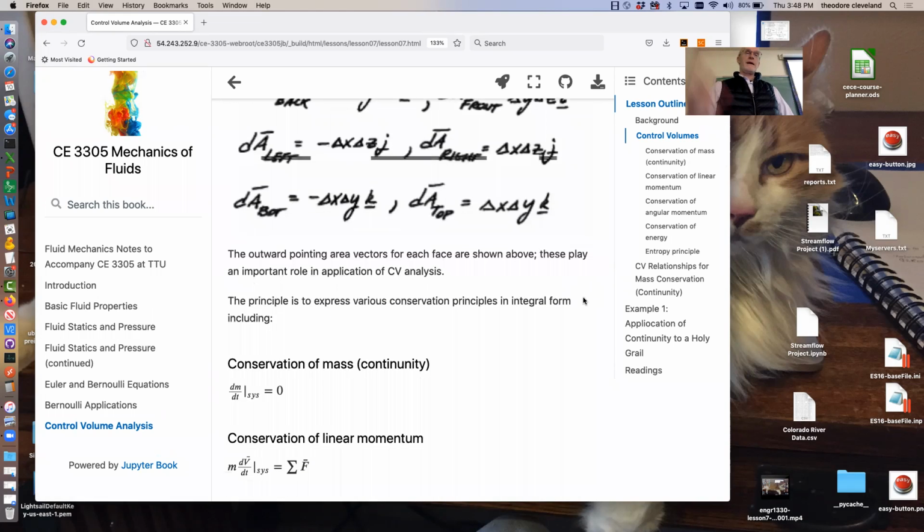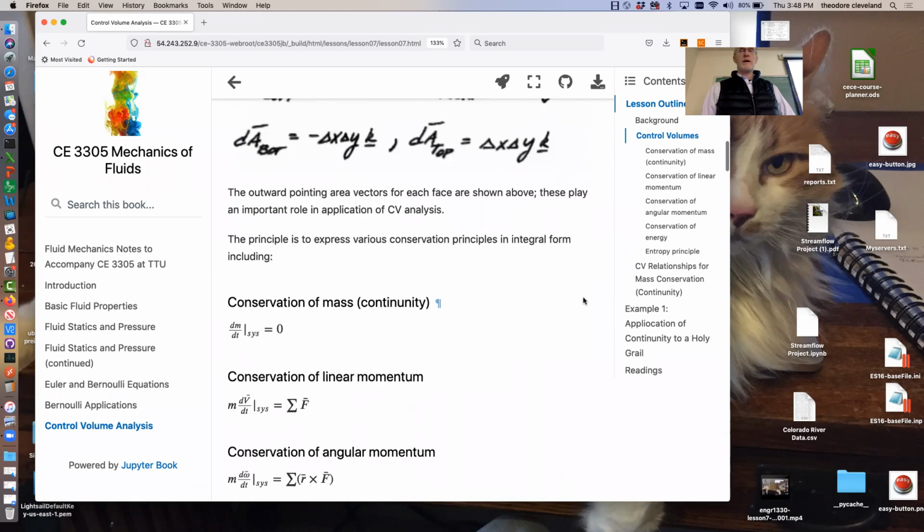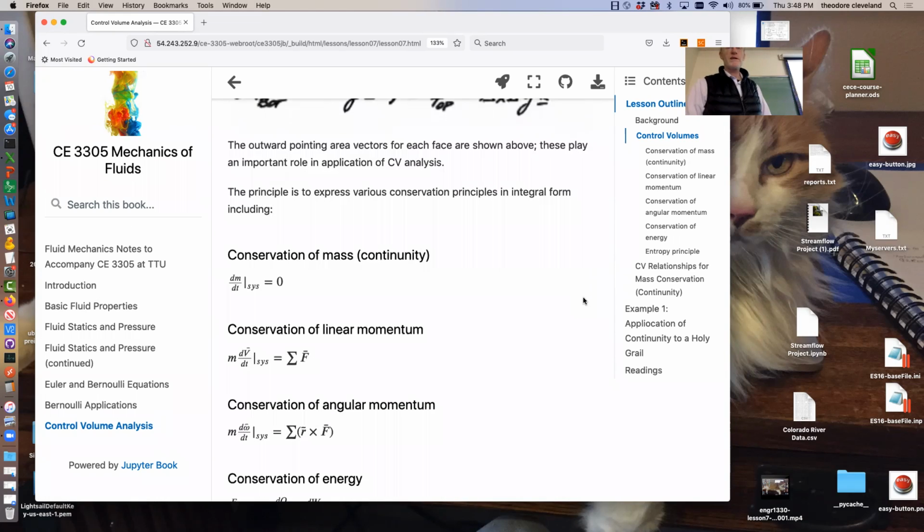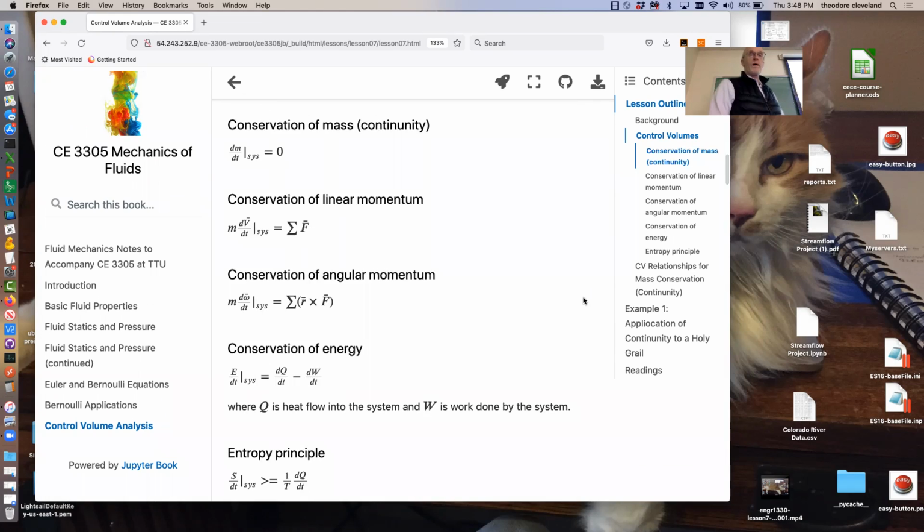And these ultimately play an important role in the application of control volume analysis. So the general principle is we want to express some conservation principles in integral form. The first one, I'm just going to list them here, that you remember from whenever you remember it, was conservation of mass. Conservation of mass says the change in mass with respect to time of a system is equal to 0. That by implication is a closed system. Your body, the human body system, that's not true because you're an open system.